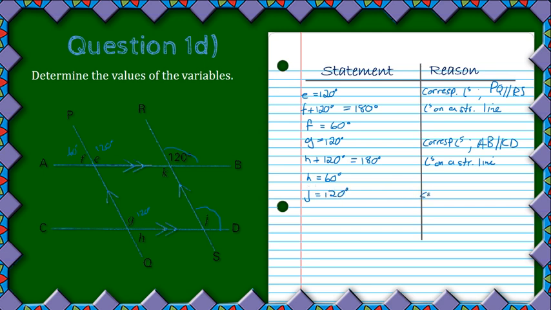Our reason once again is corresponding angles, and the lines are AB is parallel to CD. And then we have K. Now K and J, we can either use vertically opposite angles or we can use these alternate angles. So let's just use vertically opposite angles, where K is also equal to 120 degrees. Our reason is vertically opposite angles.